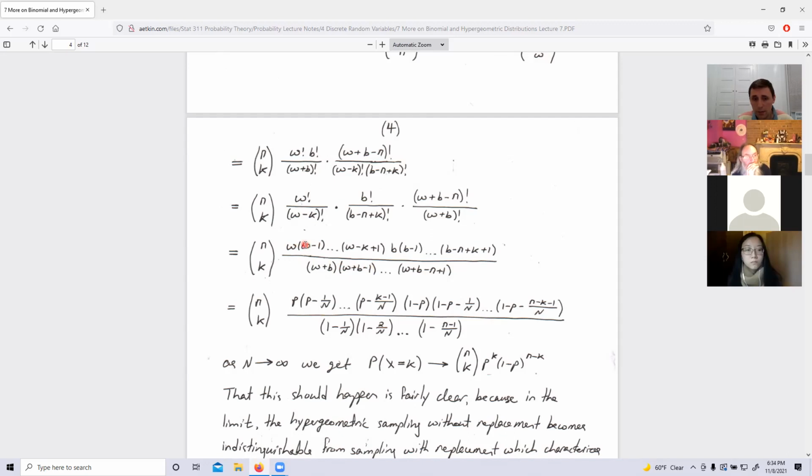Here I get w over w plus b minus 1 over w plus b, and w plus b is the total, is n. So it's p minus 1 over n. And what do I get here? I get 1 minus 1 over n, because I divide this by w plus b and I divide this by w plus b, yes? And I do that for the remaining ones, for all of them. I divide by just w plus b from the next one, right? And I get this expression.